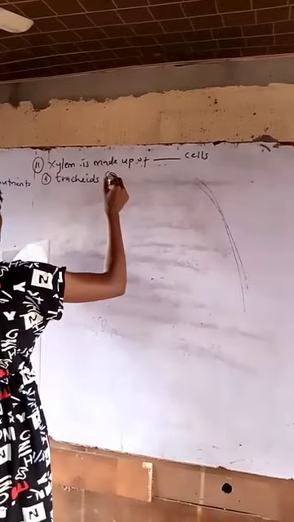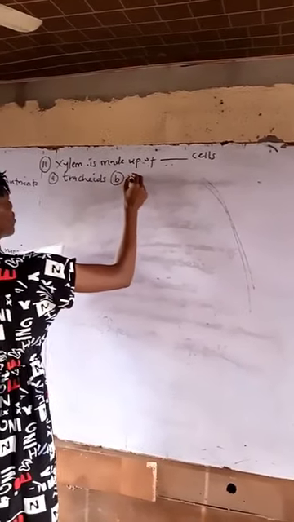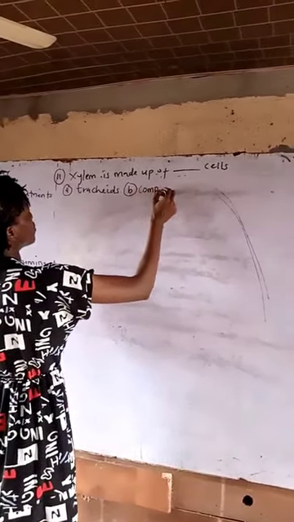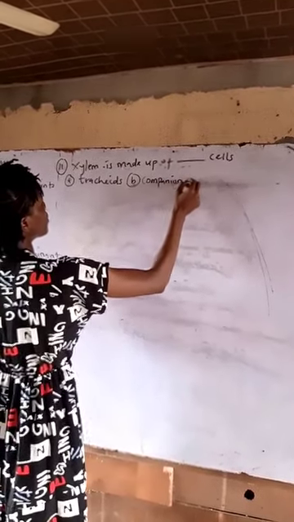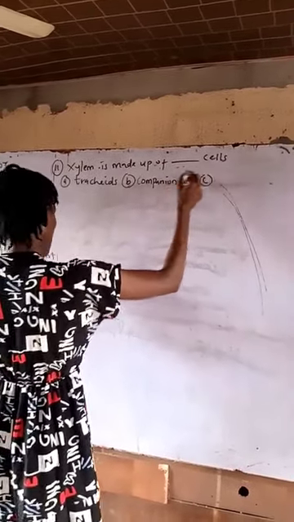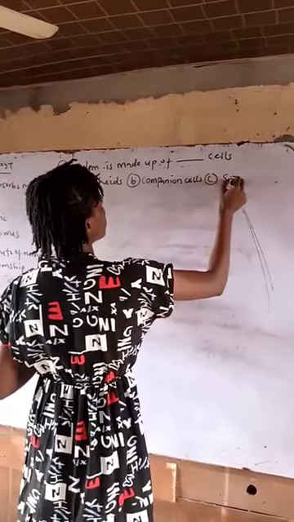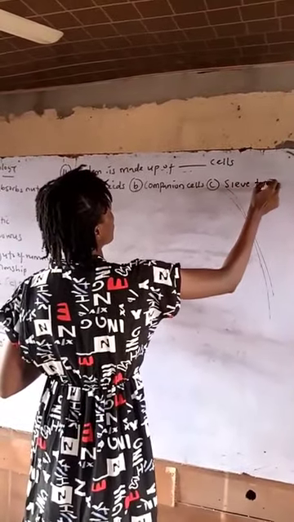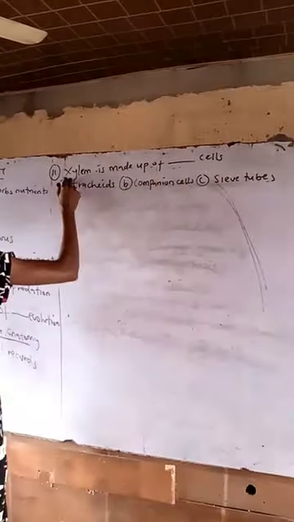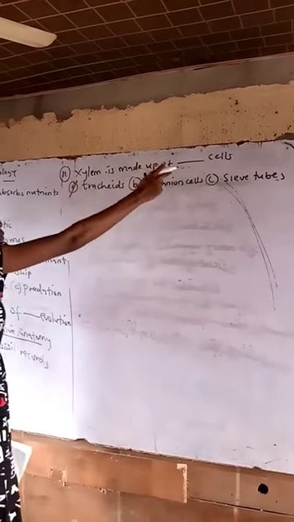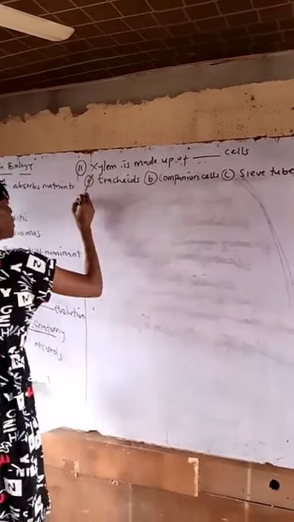A, tracheids; B, companion cells; C, sieve tubes. Please, the answer is what? Tracheids. Xylem is made up of tracheid cells.